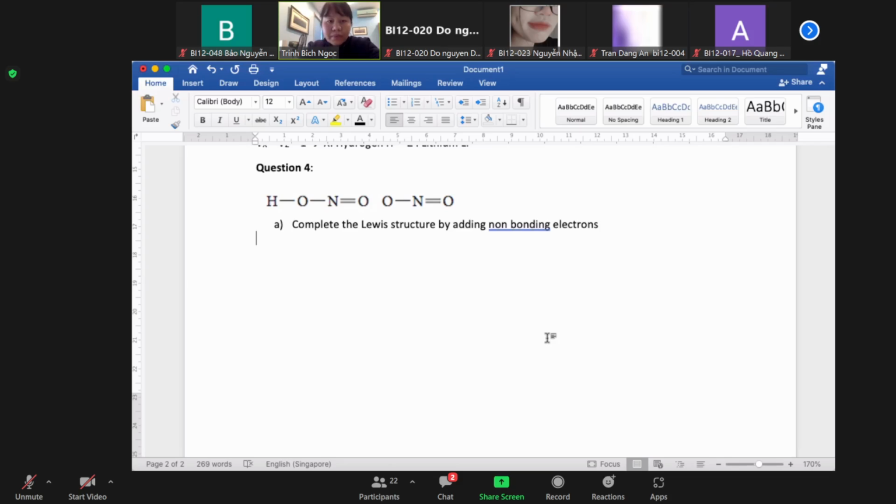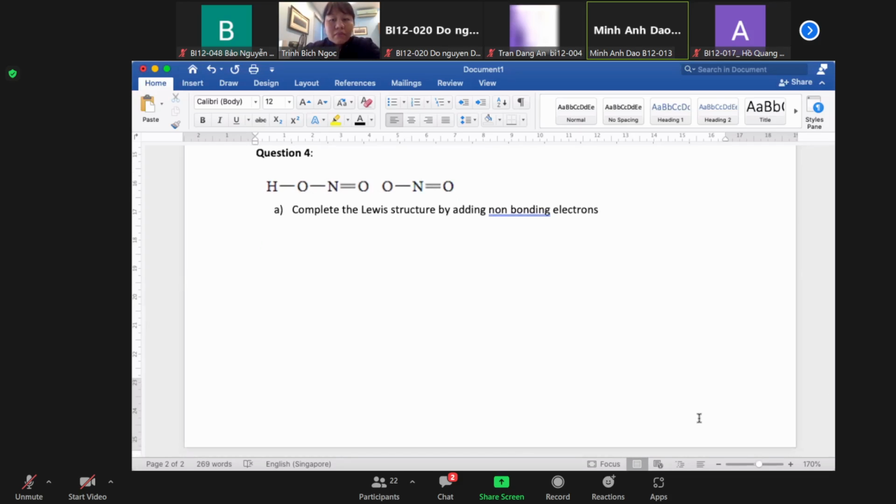Okay, so I think there are sections to adding the electron pairs. You need to complete the Lewis structure by adding non-bonding electrons in this incomplete one. So it's 2 electrons on the O and 2 behind.